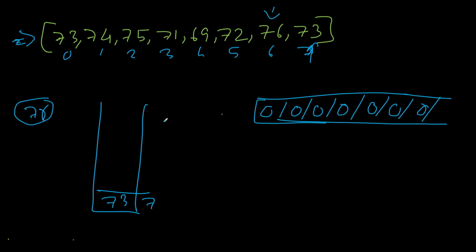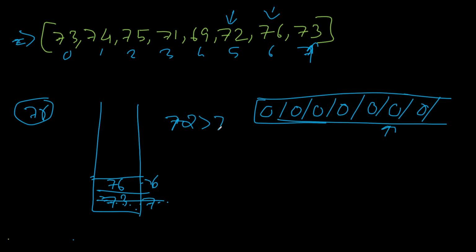So what I will do is just pop this 73. Okay, this 73 has been popped. So from here we'll come here now, and we will put 76 here. The index is 6. Great, please be with me here. Now it's 72, right? Is 72 greater than 76?